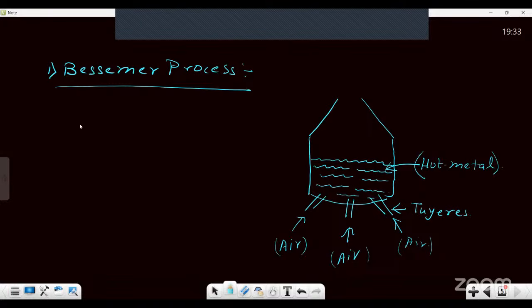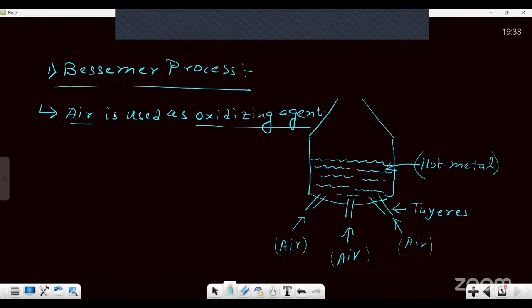But you see here, obviously we are using air as the oxidizing agent. So you can say that in the Bessemer process, air is used as the oxidizing agent. Now, when we are using air as the oxidizing agent, what is happening?